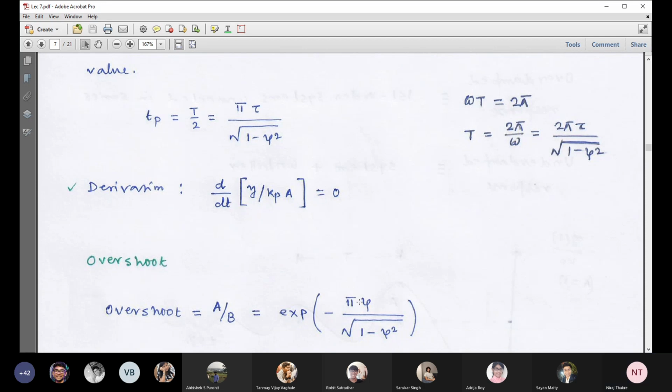Overshoot, that we are expressing by capital A by B equal to this expression. You first see the plot to understand the definition of overshoot.